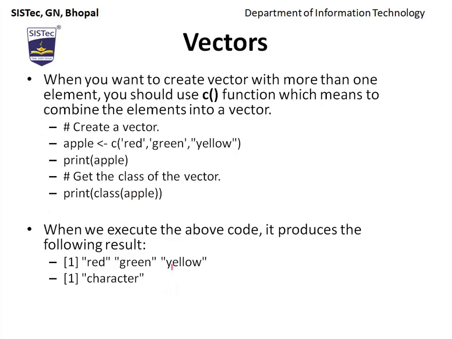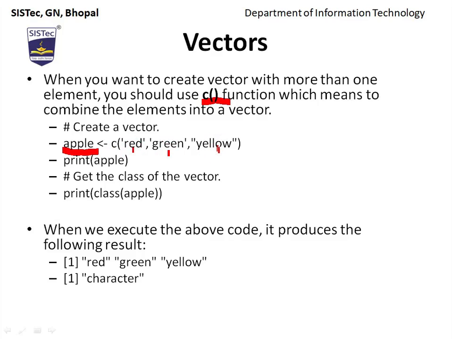Let's discuss vectors. When we want to create a vector with more than one element, we should use the c function. This provides a basic function to combine elements, and we will see this function in many other data types also. So basically vector elements can be combined by this function. As an example, I have created a variable apple and using the c function I initialize it with red, green, yellow.